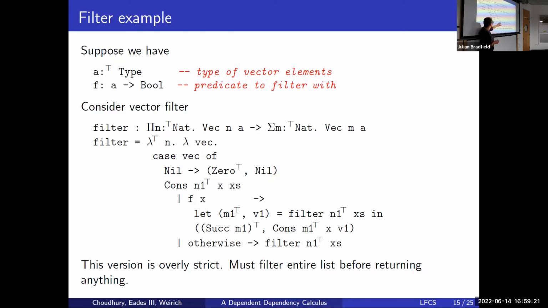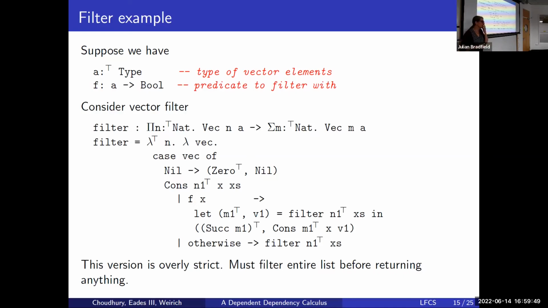So this pattern matching is a strict thing. And he discovered this when he was thinking about existentials in Haskell. An existential is an example of one of these dependent sigma types where the first component is erasable. But the only elimination form for existentials in Haskell is this pattern matching.